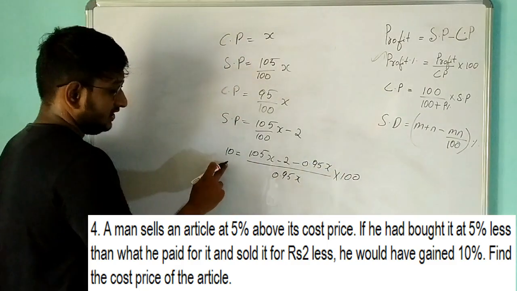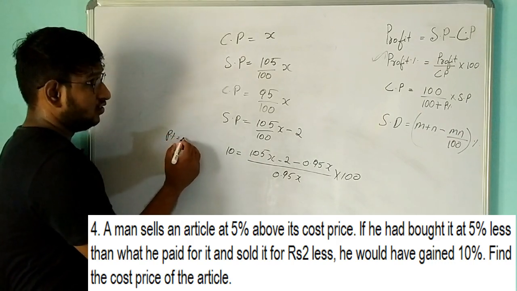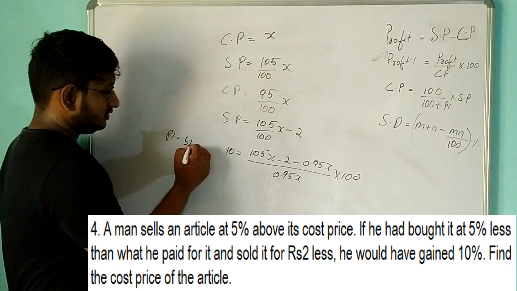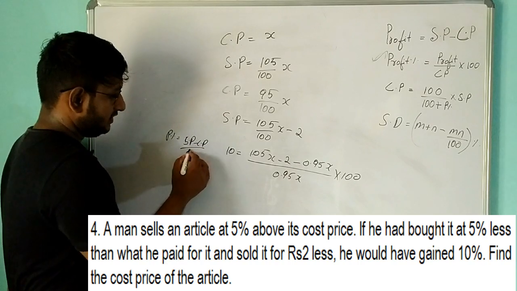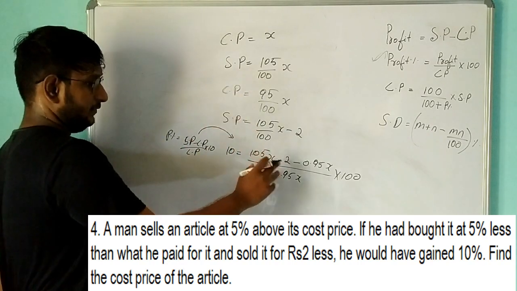This is the profit percentage formula: profit, that is selling price minus cost price, divided by cost price, into 100. I have just substituted the cost price and selling price here.